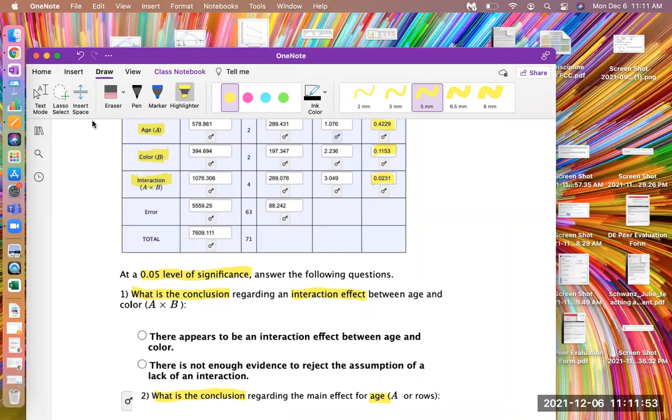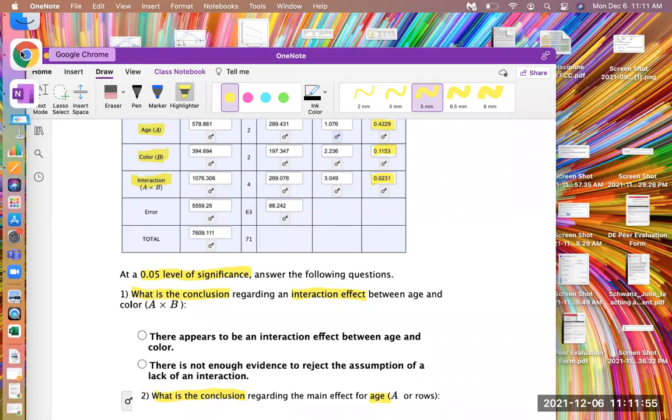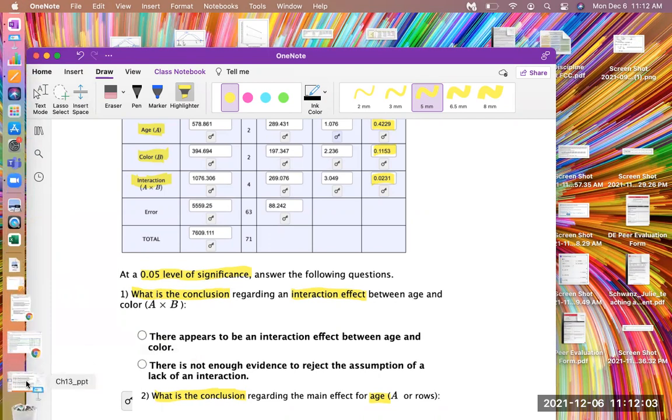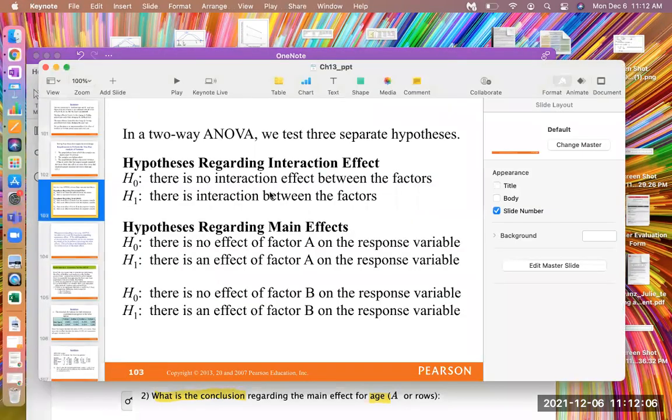Oh, one more thing before I leave. I just want to remind you, it gets confusing to me, so let me just remind you of the null and alternative hypotheses. Here they are. For the interaction effect, the null hypothesis is that there's no interaction.